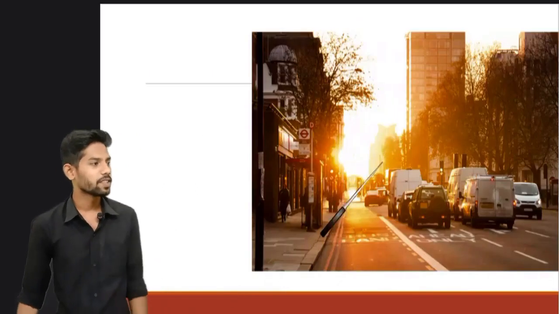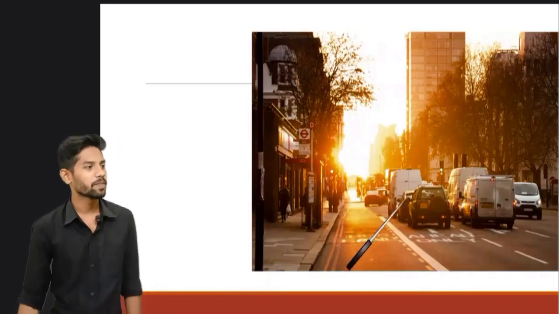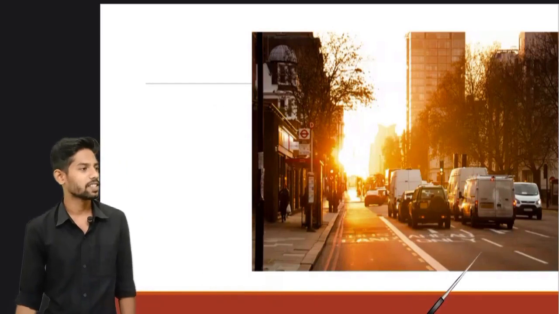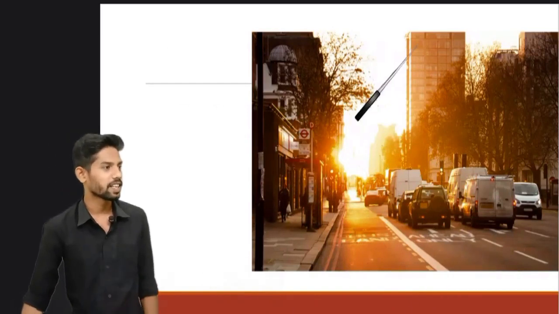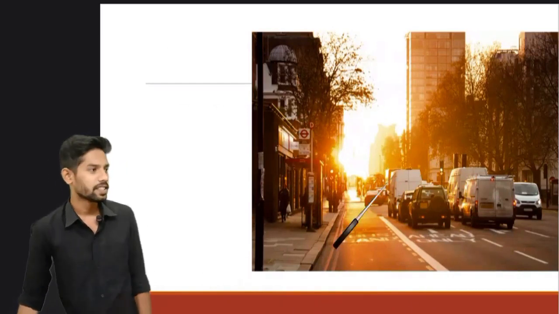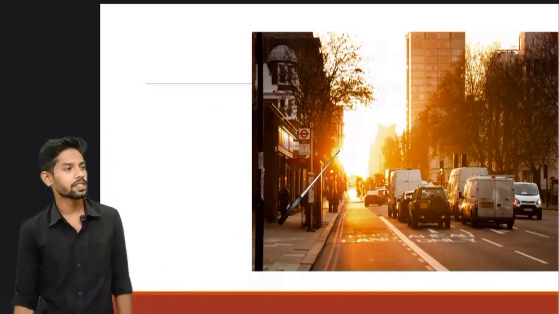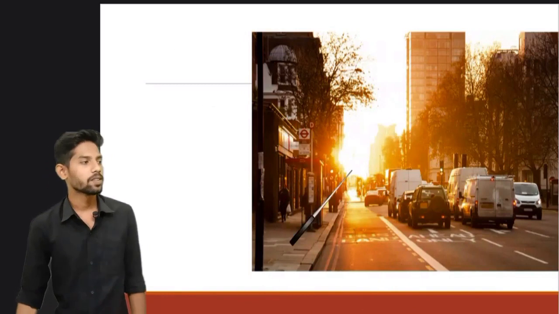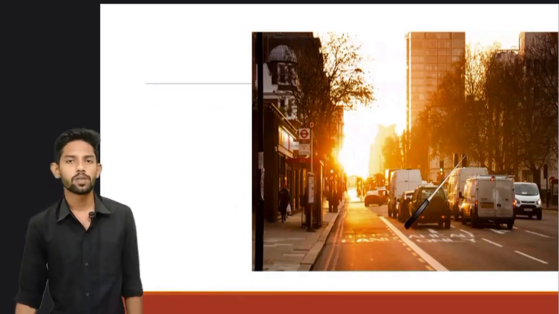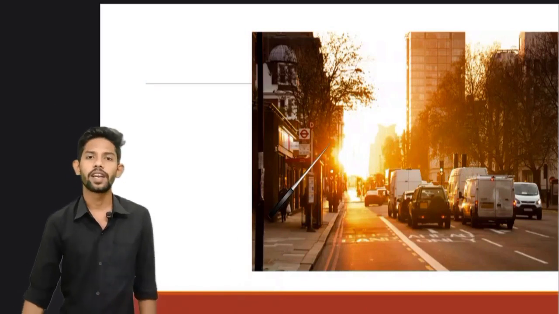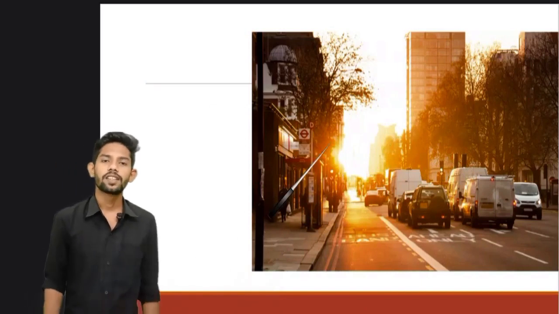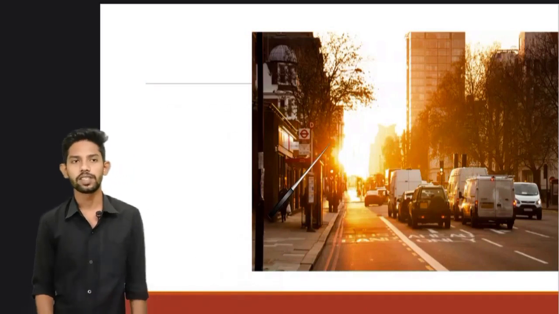In this picture you are seeing there are cars and this is a road and also trees and big buildings, and there is a thing which is giving light. So which light is it? It is sunlight. Due to this sunlight we are able to see the objects around us.